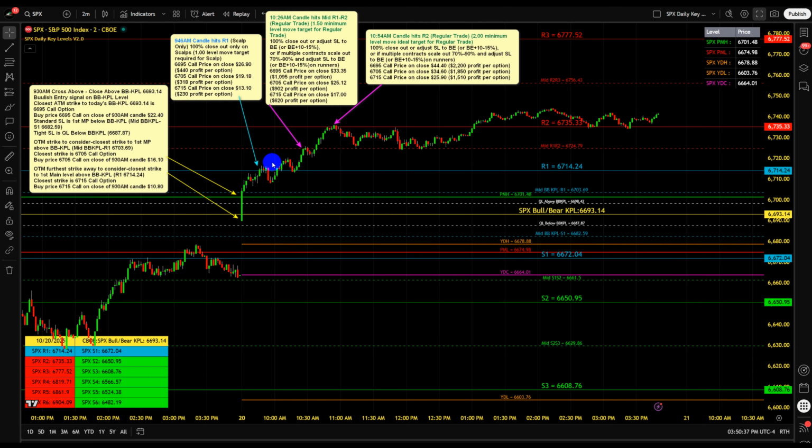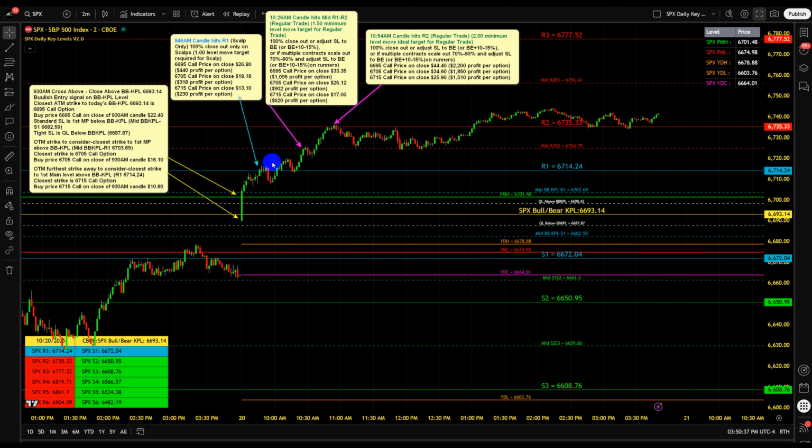So it costs less and you'll have less money at risk, and your stop losses correspondingly will have less money at risk too. But the other side of that is it needs to move further, at least at first, to get the same profit.